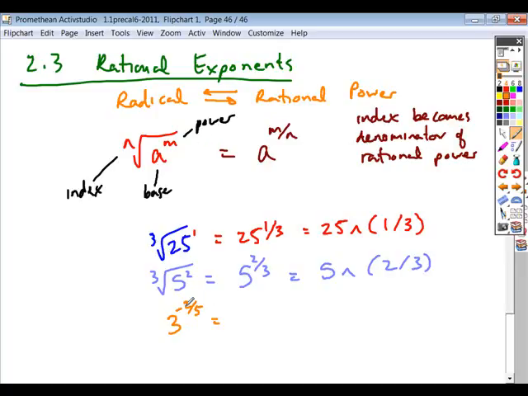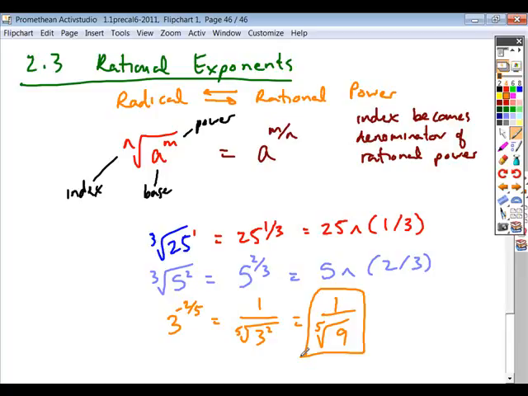Okay? Our negative power moves our base, which will be a radical, into the denominator. And the base is a 3, the power is a 2, the index is a 5. And so to complete the fraction, we'll write a 1 in the numerator. So really, we're looking at 1 over the 5th root of 9 would be the radical form for that.